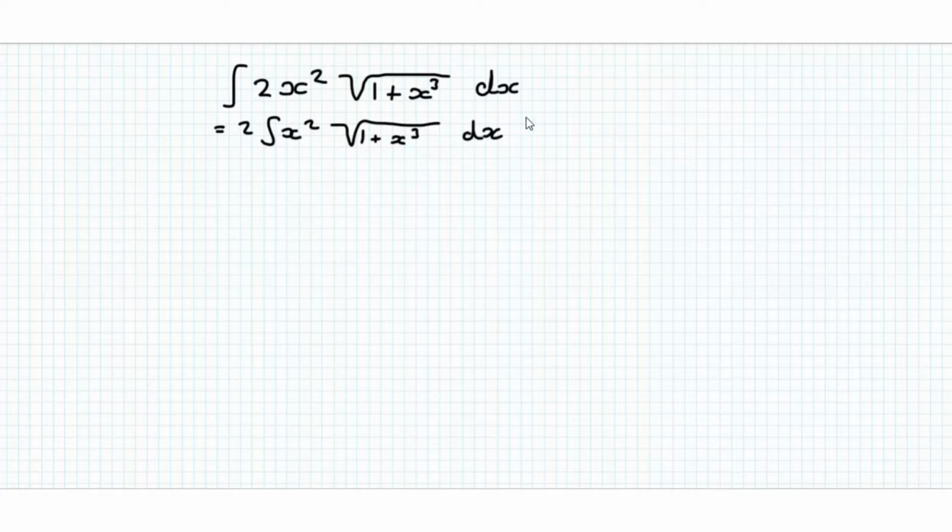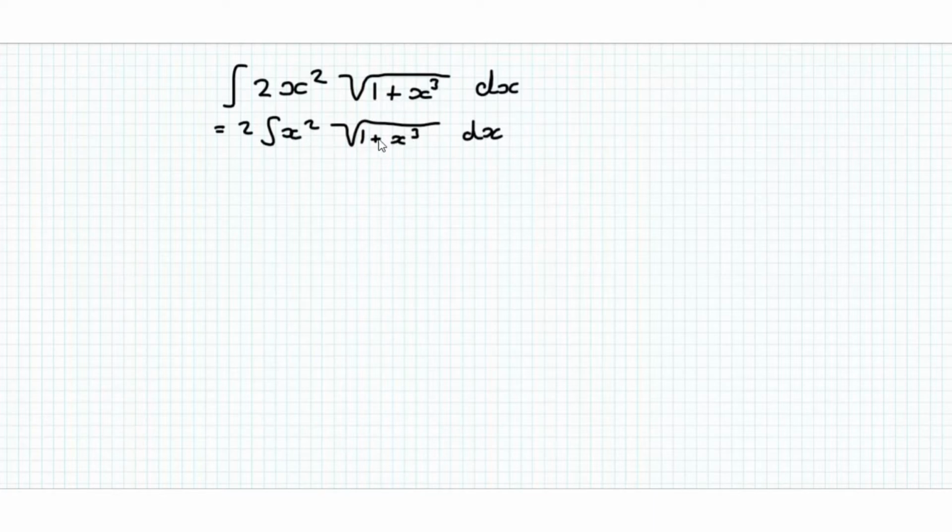Now for the tricky bit, what we're going to choose for our substitution. Well, we want to write this as an integral in terms of u. Actually, if you've seen my integration in 20 minutes video, you might be able to recognise its form.